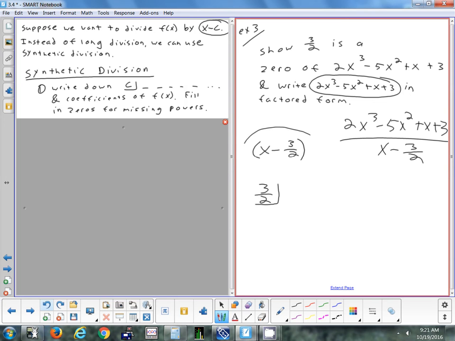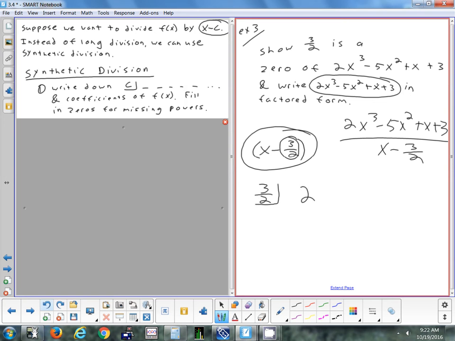And if I'm hoping that this is a factor, what am I hoping that I get a remainder of when I do this? 0. Perfect. So write down the number that you think is a root. That's your root. And now fill in zeros for any powers we're missing. Cubed, squared, linear, constant. We're not missing anything.